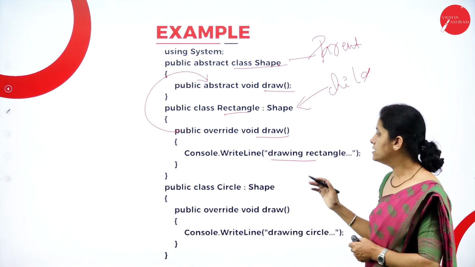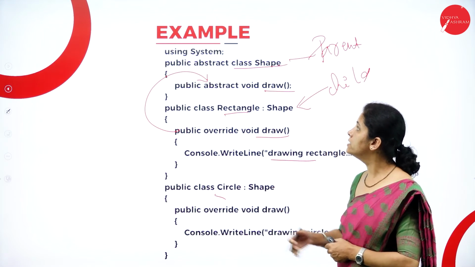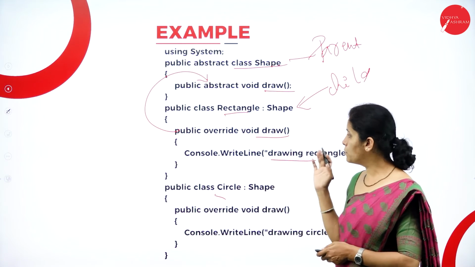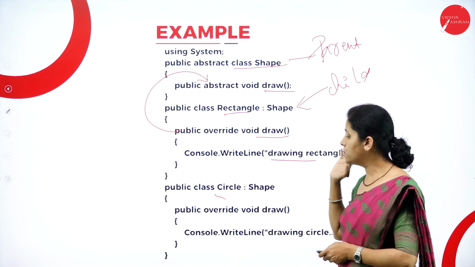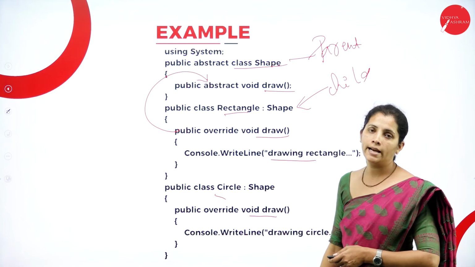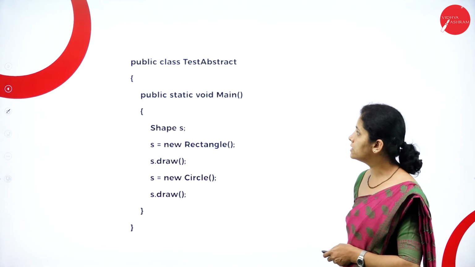And see here, once again, I'm going to inherit Shape in my Circle, and once again, I'm going to write the implementation of the abstract method.